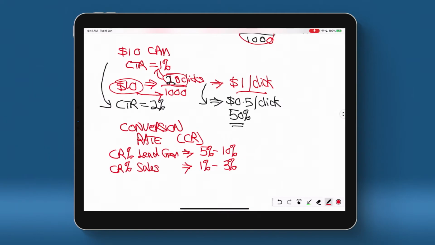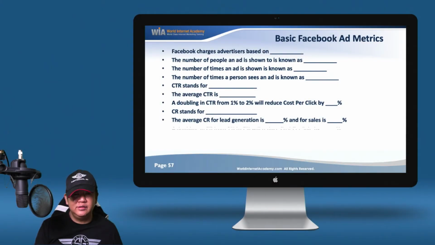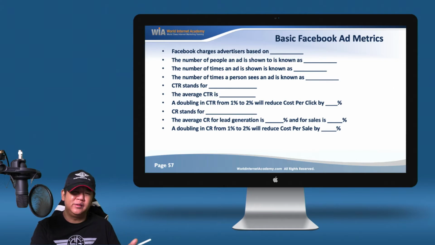Now, why do you want to know what the average number is? Because now we are going to answer or define the next metric, which is a doubling of CR from 1 to 2% and its impact on cost per sale. Not cost per click, but cost per sale.